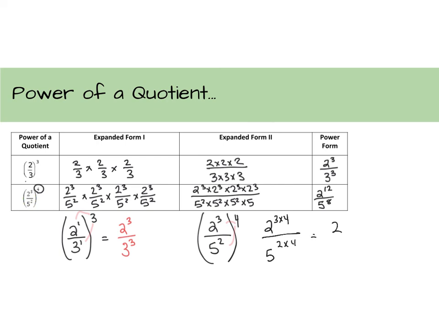That gives us a final answer of 2 exponent 12 over 5 exponent 8. So the general rule we can take away here is that when we're finding the power of a quotient, the power gets applied to both terms in the equation. Which can be written like (a over b) to the n is equal to a to the n over b to the n.